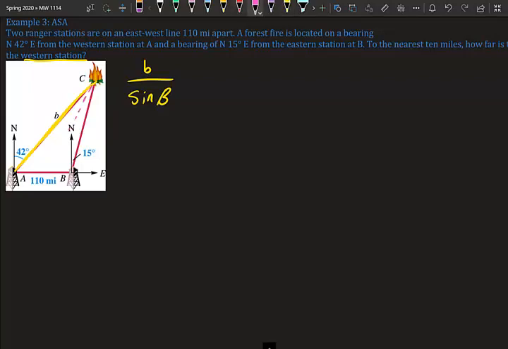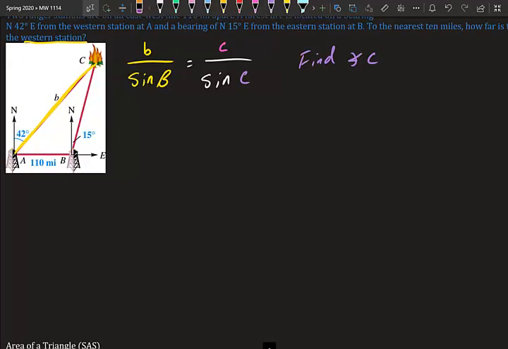We're given side C. So since we're given side C, we're going to be using side C. That means we need to find angle C. The reason we used C is because directly across from the angle, we have a distance. That means that's side C. Okay, so we need to figure out everything inside the triangle to find C.